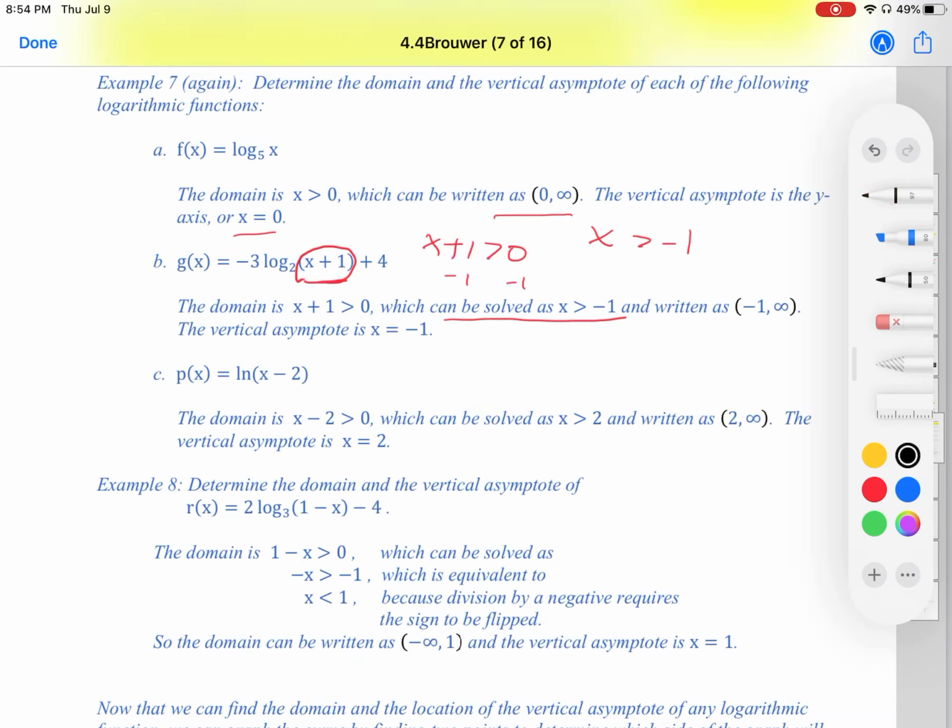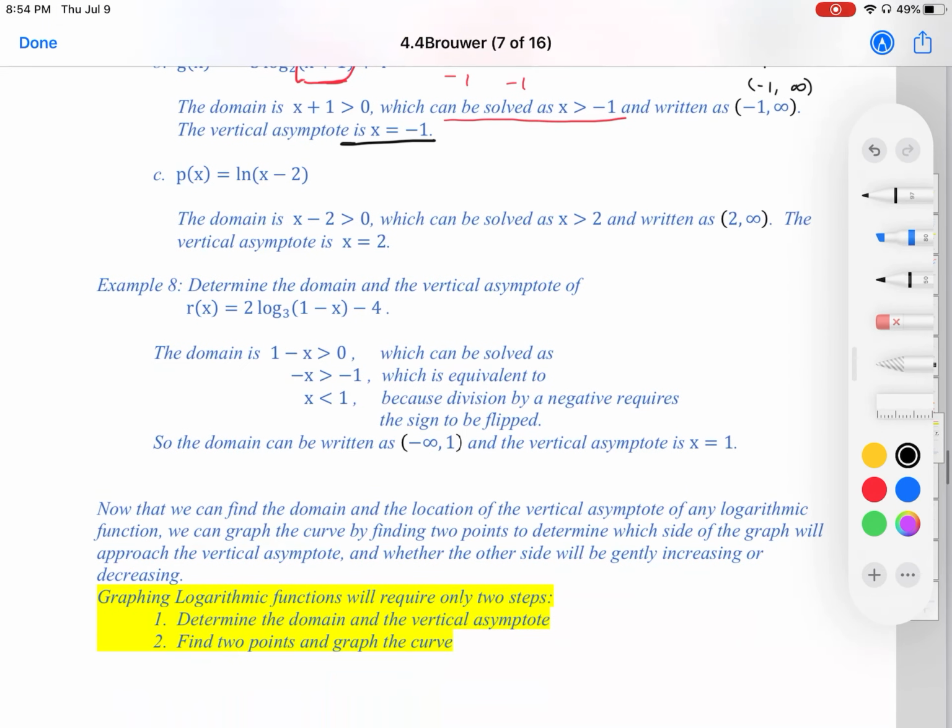If you're ever unsure, you can always draw a number line. So x is greater than negative 1, so it's negative 1 to positive infinity. Somehow a number line always makes it easier for me to comprehend. And I have a vertical asymptote at x equals negative 1.